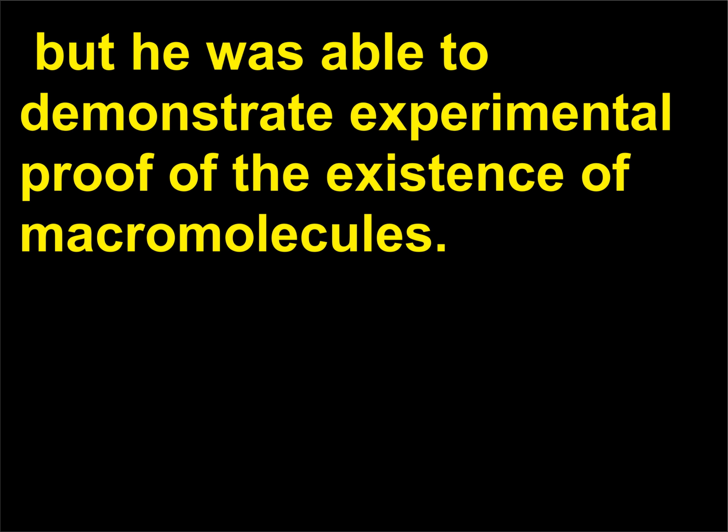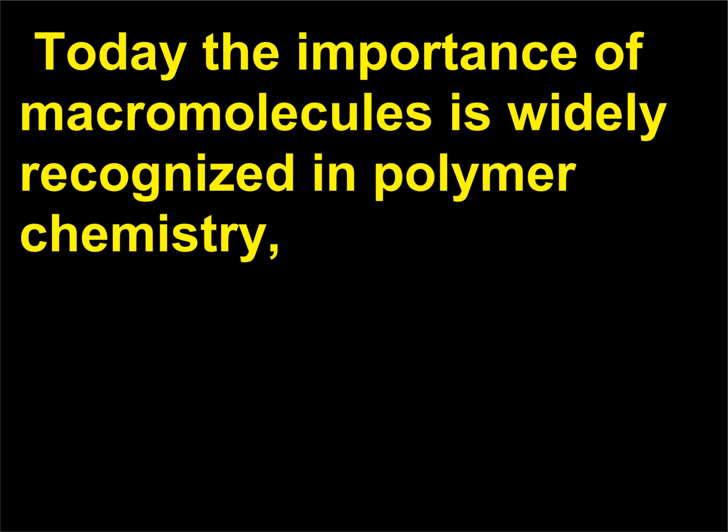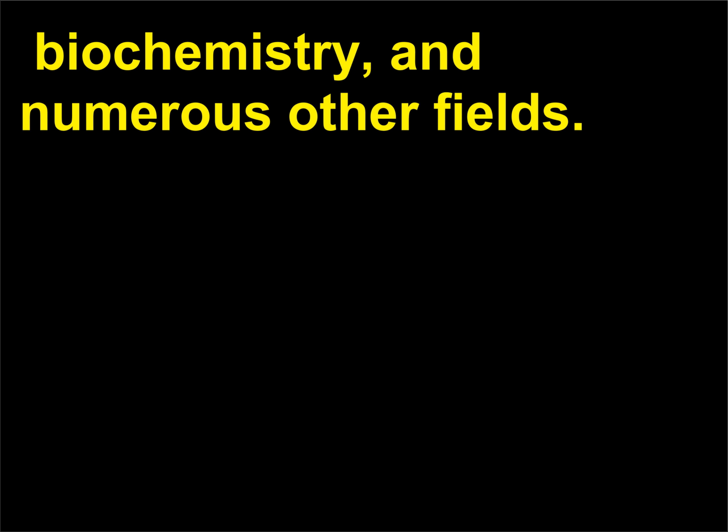These views were not initially well received by many members of his field. But he was able to demonstrate experimental proof of the existence of macromolecules. Today the importance of macromolecules is widely recognized in polymer chemistry, biochemistry, and numerous other fields.